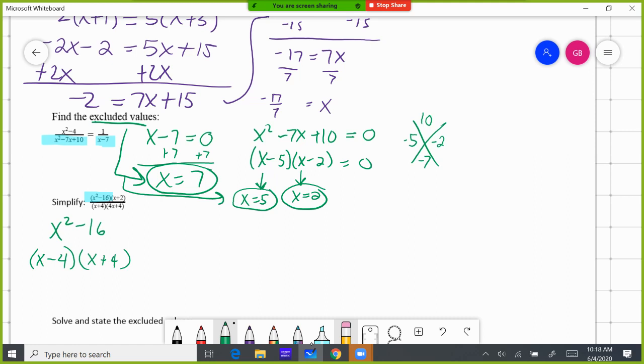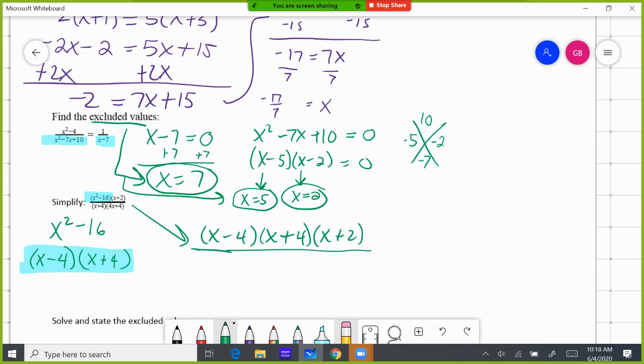So I'm going to replace what I highlighted. Hold on. It's kind of frozen. There it is. I'm going to replace what I highlighted with this expression here. So I'm going to rewrite this. x minus 4, x plus 4, x plus 2 over x plus 4 times 4x plus 4.